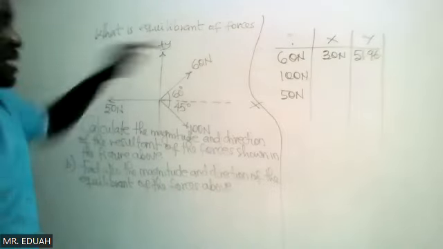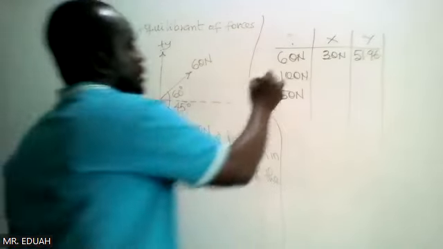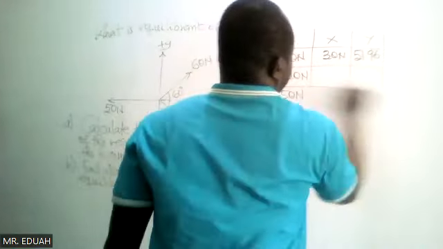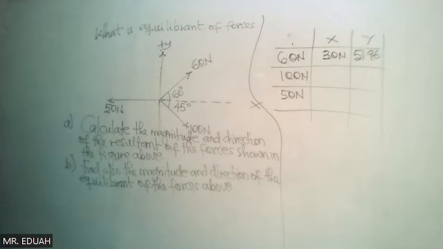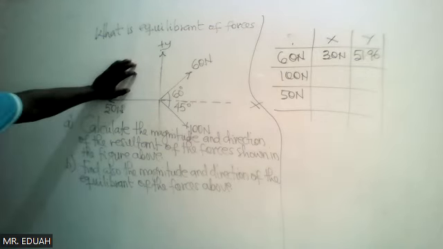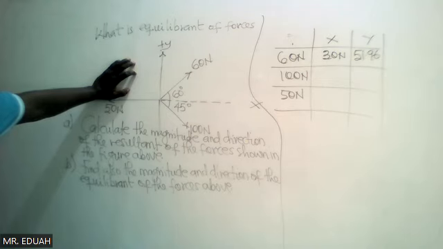Both components will be within the first quadrant, so positive, positive. Then the 100 Newton is 45 degrees from the x-axis. So 100 cos 45, and cos 45 is root 2 on 2.